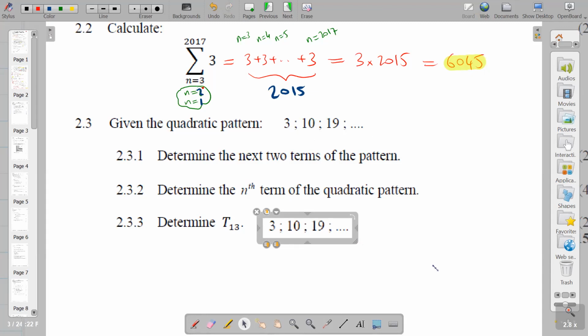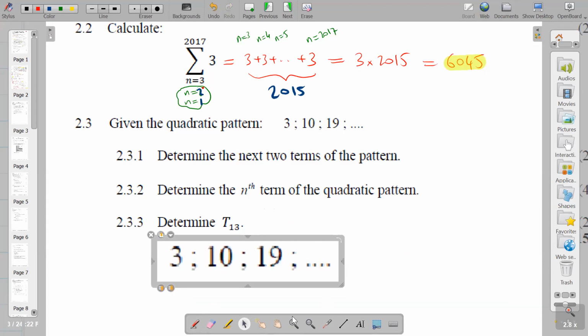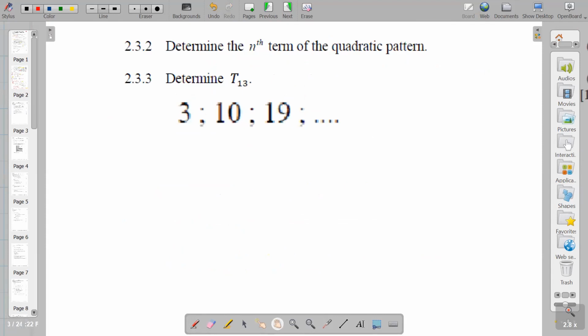The first differences and the second differences are important here. Sorry, first differences are 5, 7, and then 9. So the second difference is 2. So then the next term will grow by 11, and the next term will grow by 13. So that's the odd numbers, 7, 9, 11, 13, that's it.